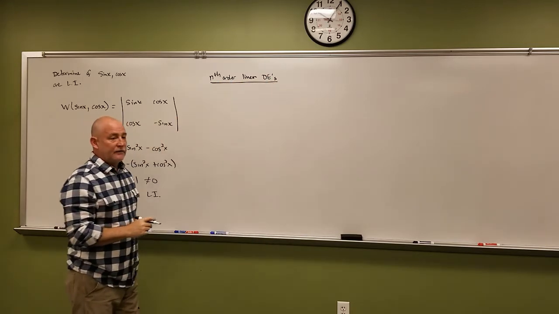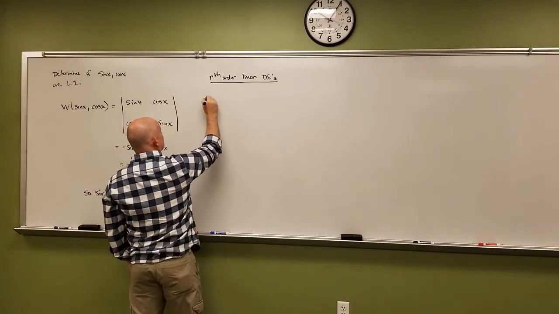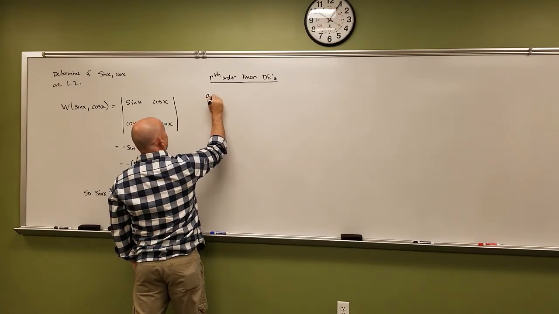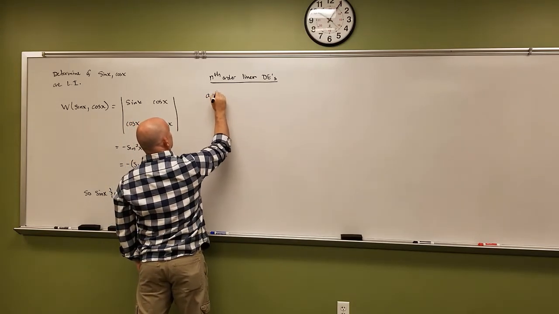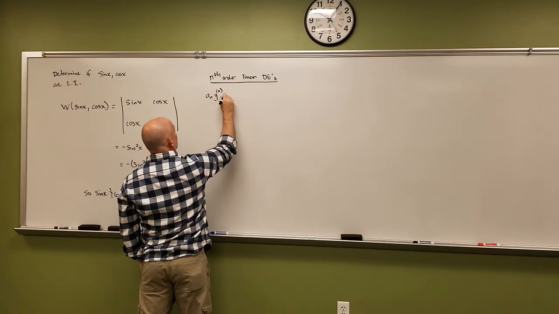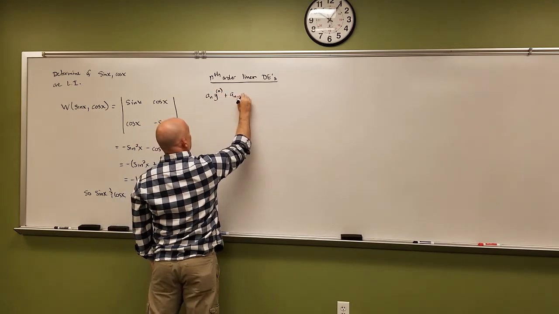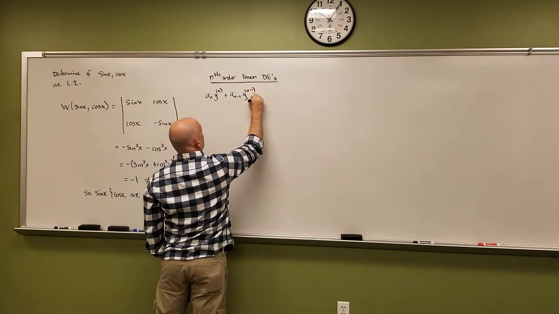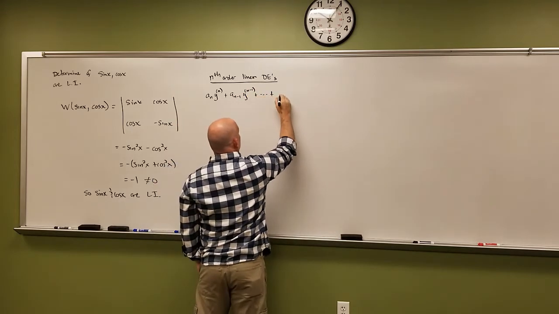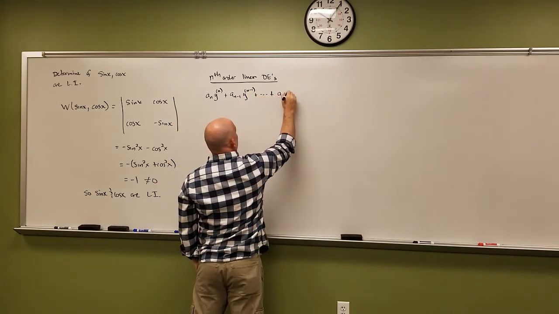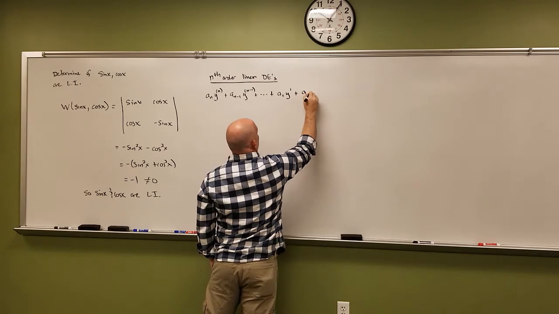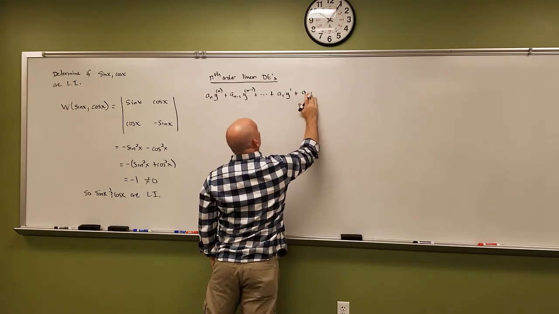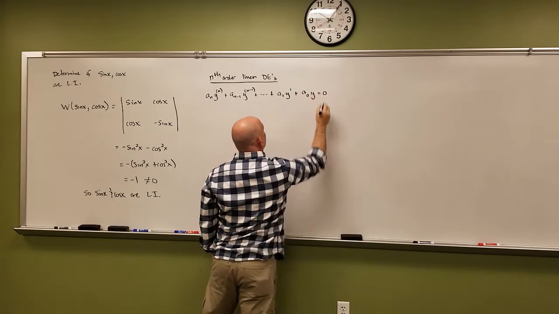Now, I'm going to write this out, and it's going to be kind of messy. Let's see, if we had a sub n y n, plus a sub n minus 1, y n minus 1, plus all the way down, we'd have a1 y prime plus a naught y is equal to 0.